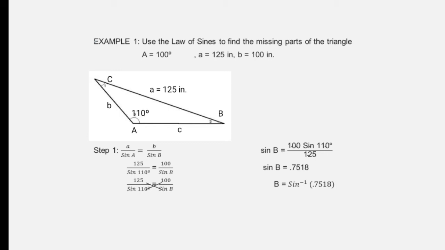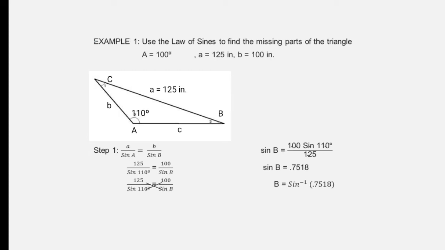Since side a and angle A both have values, we can use a over sine A. And since side b also has a value, we can use the proportion b over sine B. So a over sine A equals b over sine B.